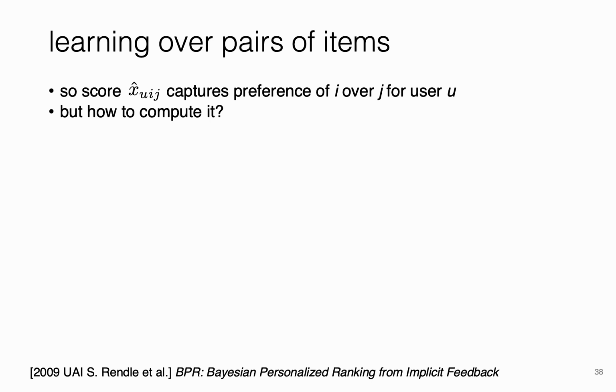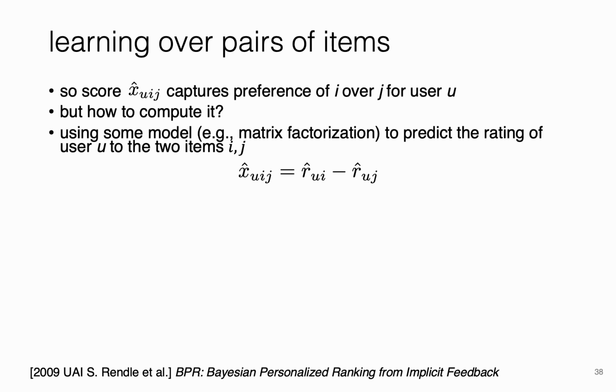One way to compute x hat is to use a model, say matrix factorization, to predict the rating of items i and j for user u and repurpose these predictions. We can use the formula shown here where from the predicted rating of item i, we subtract the predicted rating of item j. Let's see why this makes sense.